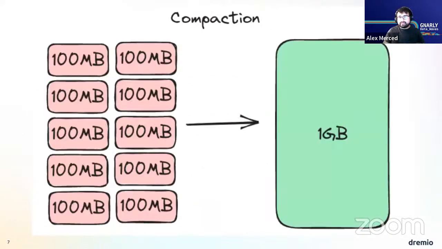Then there's compaction. So if you're talking about a bigger table where it's not just one Parquet file, but hundreds, thousands, millions of Parquet files, the problem is you don't want a bunch of small files, because every individual file that has to be read by the query requires an operation that opens the file, another operation that reads the file, and then another operation that closes the file once it's done.